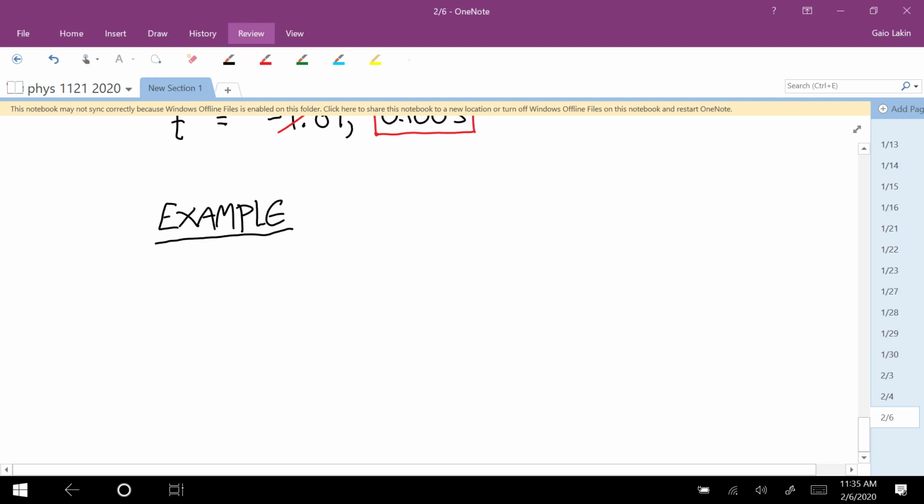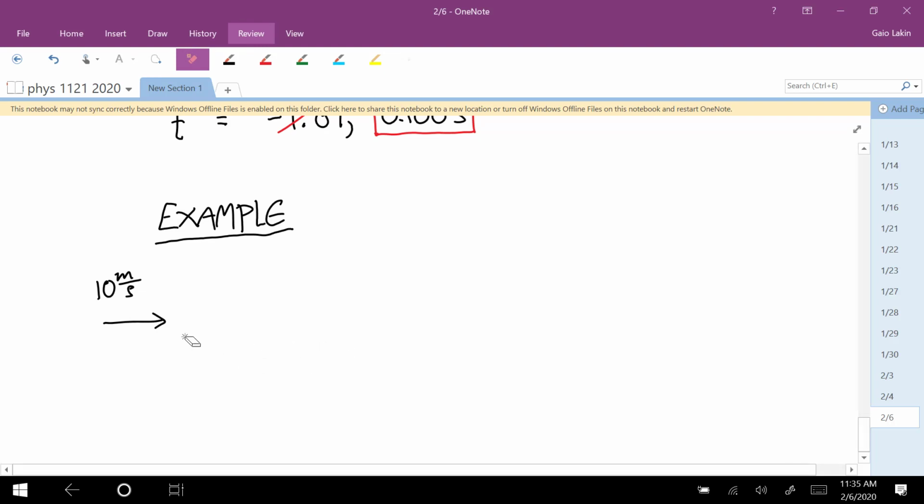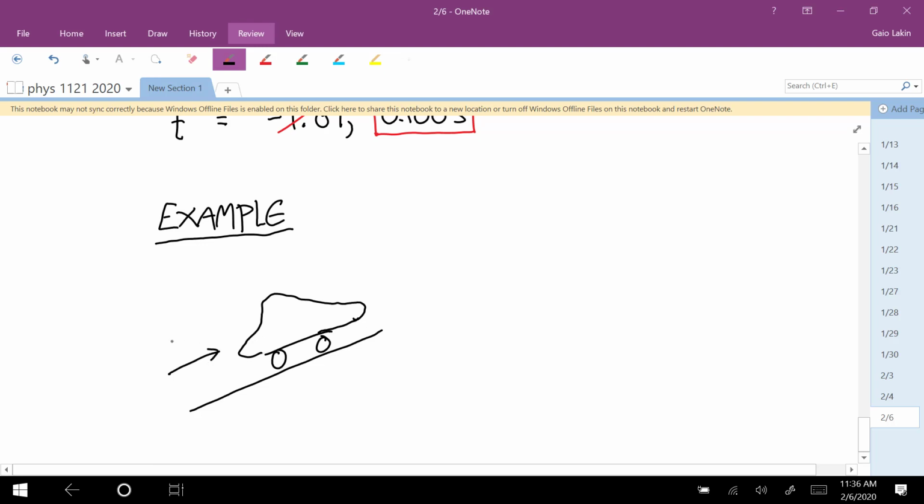Okay, so let's say a car is driving this way at 10 meters per second. No, I have a better one. This is better. Forget all that. Okay, a car is driving up this hill at 10 meters per second. Let's say the angle of the hill is 20 degrees.